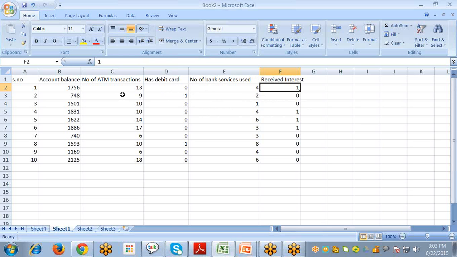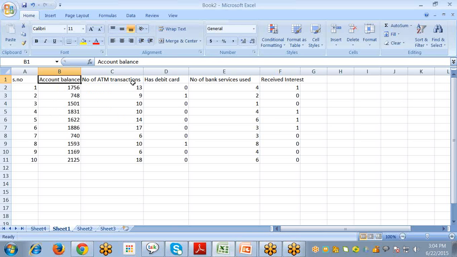So first I'm explaining simple linear regression. So I only require one independent variable. Here number of ATM transactions is the independent variable, and account balance is the dependent variable. So in simple linear regression, we have one independent variable denoted by x.